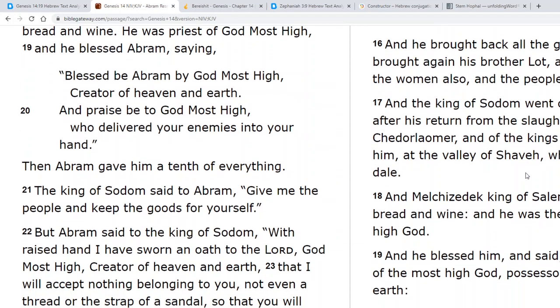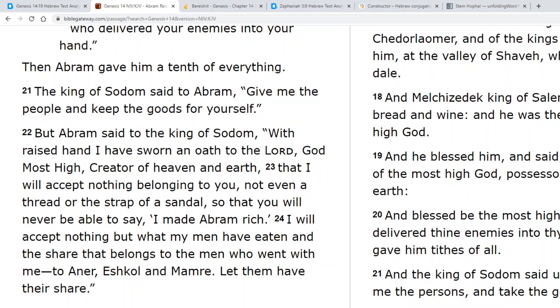King James, verse 19: And he blessed him and said, Blessed be Abram of the Most High God. Lamed, the prepositional lamed, you'll see it at the beginning of Psalms almost always. It says Mizmor LeDavid, a song of David, and that's how they're translating it, of the Most High, by the Most High God, possessor of heaven and earth.